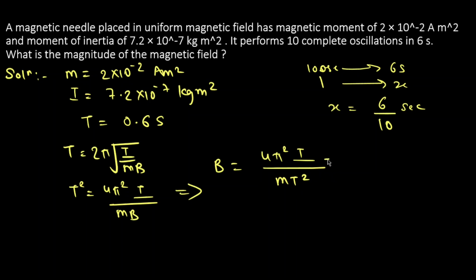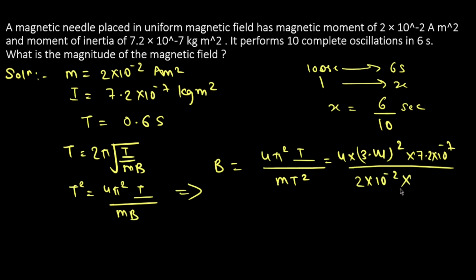So let's put in all the values. We'll have 4 into 3.14 square into moment of inertia, that is 7.2 into 10 raised to minus 7, divided by magnetic moment 2 into 10 raised to minus 2 into T square, that is 0.6 square. Now solving this, you will get the magnetic field to be 39.48 into 10 raised to minus 4 Tesla.